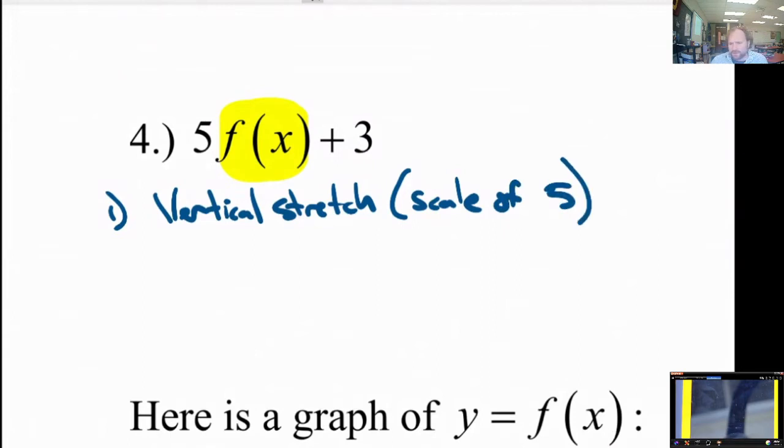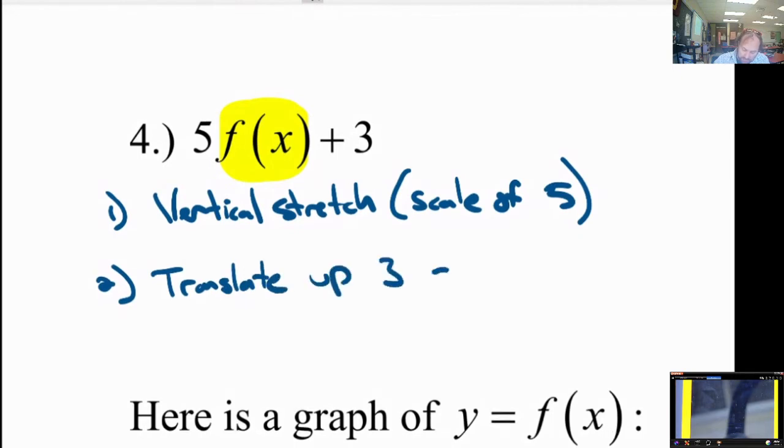It's really tough to define what a scale of 5 means. It's really tough to measure, but we just write it down. It's important to know. And then after that, it's going to translate the stretched version up 3 spaces. So it's been stretched vertically by 5 and then moved up 3 spaces.